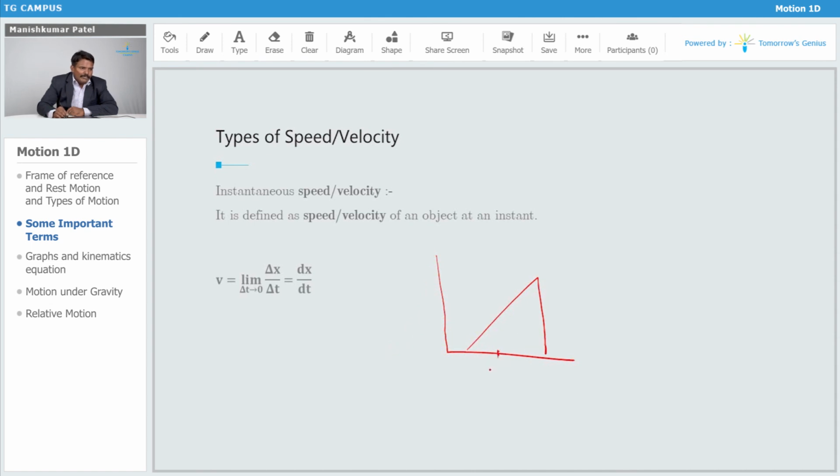Definitely, if they ask you what the velocity is at t equals 5 seconds, how will you do it?